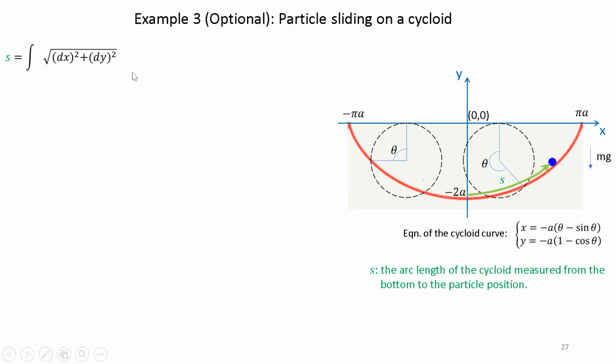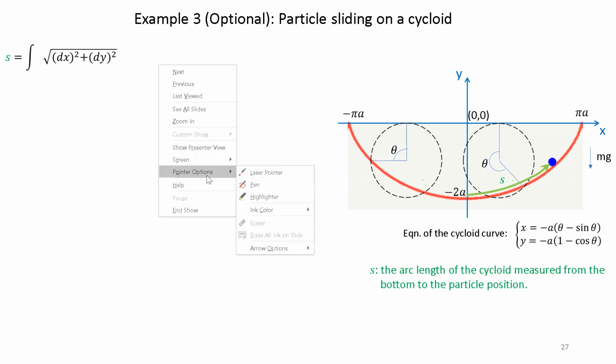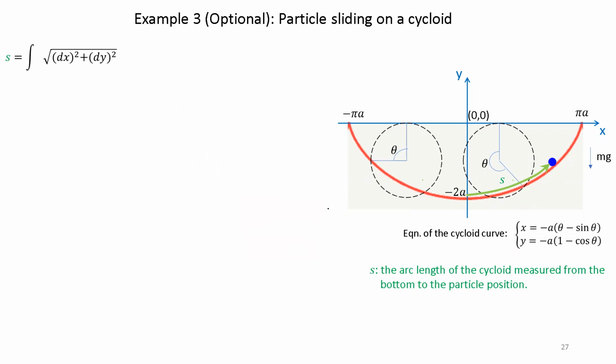Of course, what you can do is what we did before: you convert this one to something like this. This is what we used before. But in this problem, it's much more convenient to use the other variable.